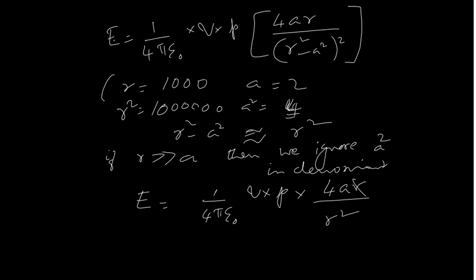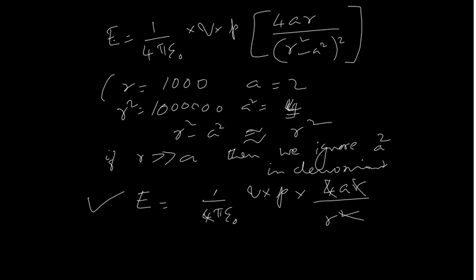So 1 r gets cancelled and 2 gets cancelled, and this 4 gets cancelled, this 4 gets cancelled. But he keeps it like 4 QAP, like that only. Sometimes they cancel, sometimes they don't. Both mean the same. So the first part of the derivation is over.